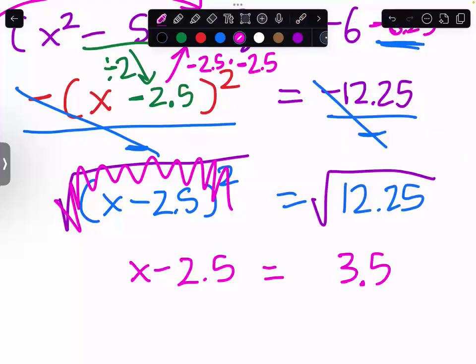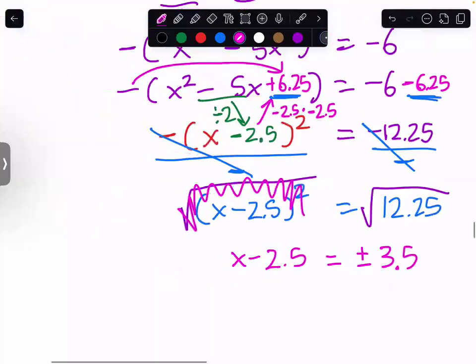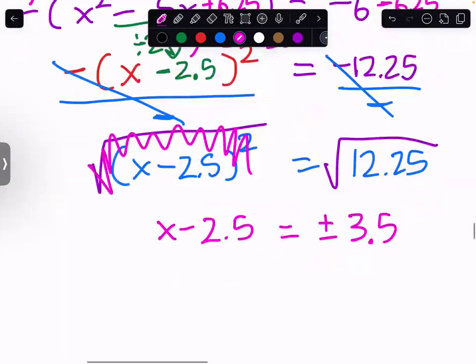But here's where we need to remember to add the plus minus sign. Right, because if you do negative 3.5 times itself, it also equals 12.25. Okay, and then the x is not quite by itself yet. It still has this minus 2.5.